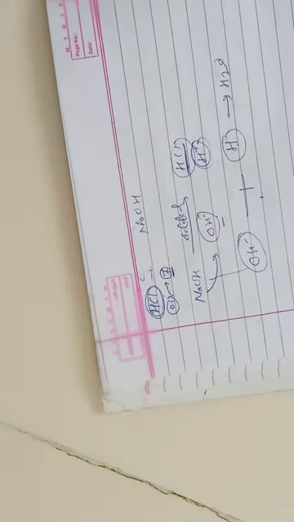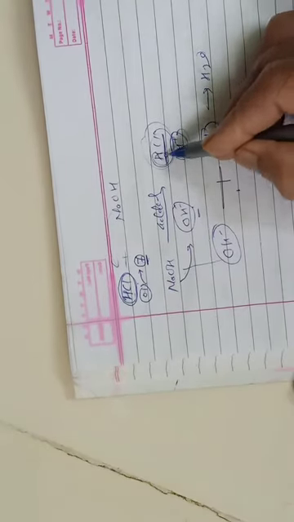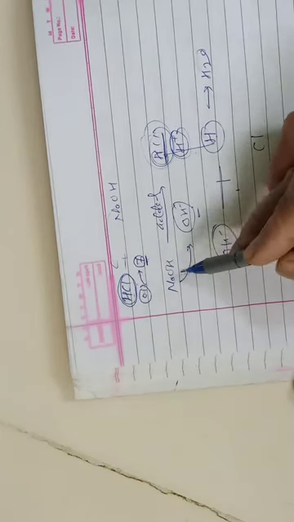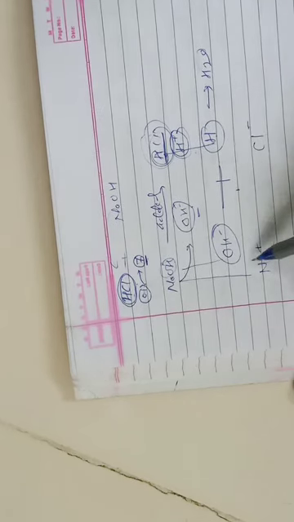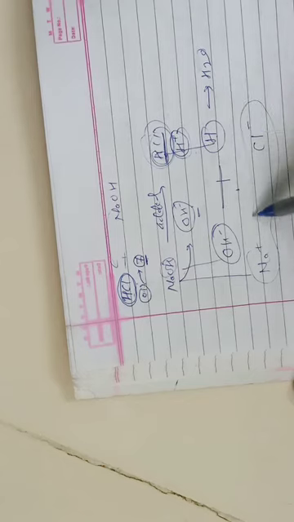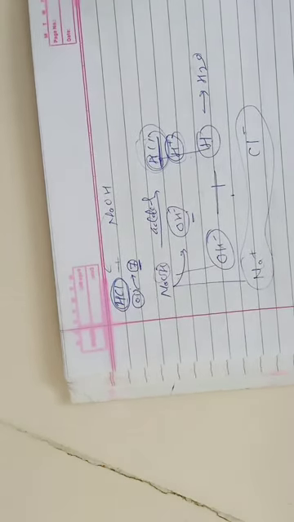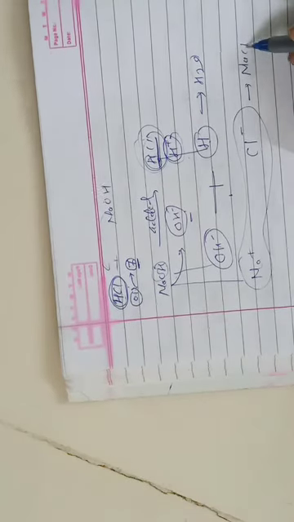Water. From hydrochloric acid, H is separated, and what is remaining there? Cl. From NaOH, OH is separated, so what is remaining? Na. So Na ions and chlorine ions are separated in the reaction and combine to form NaCl.